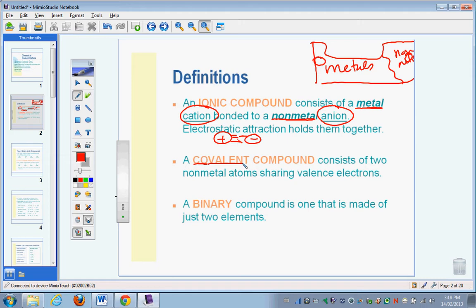The word binary means 2, right? So we're only going to look at the beginning here at compounds that have 2 elements. So that could be something like water, H2O. That's a binary compound because it's made of hydrogen and oxygen, just 2 elements, right?